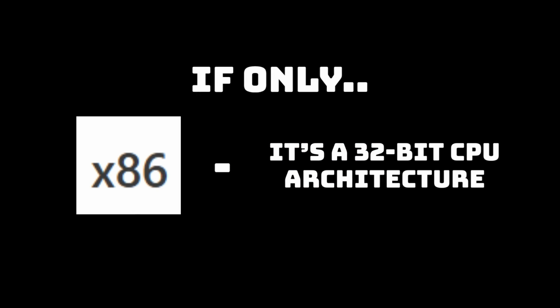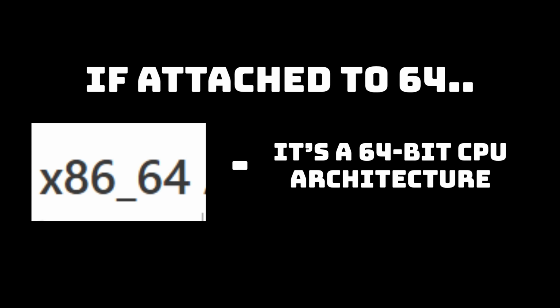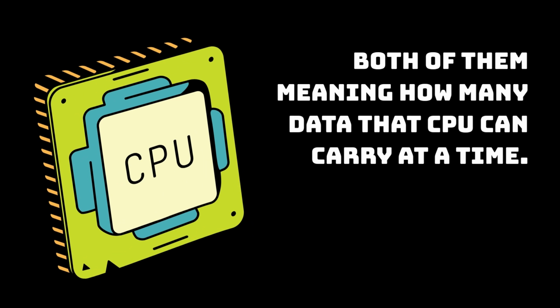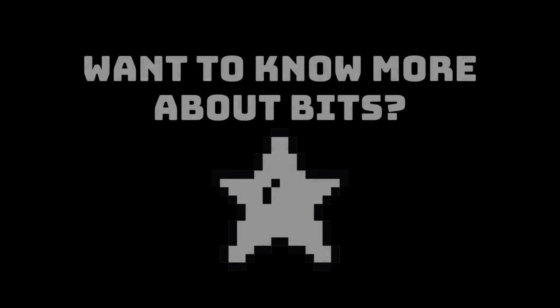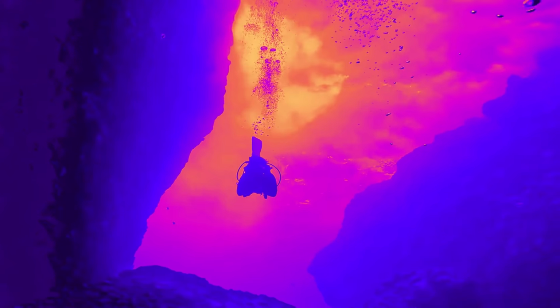And in the numbers, if only 86 is there, it is a 32-bit CPU. And if the number is attached to 64, then it means a 64-bit CPU. Both of them mean how many bits of data the CPU can carry at a time. Want to know more on bits? Let's jump into the next curse.